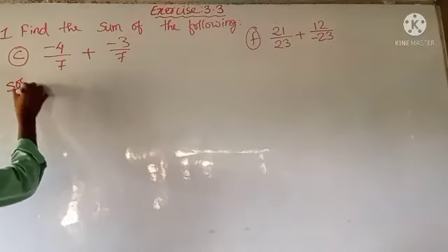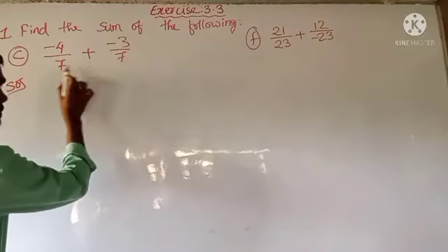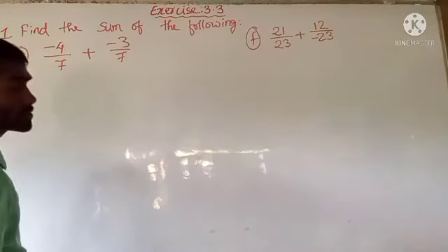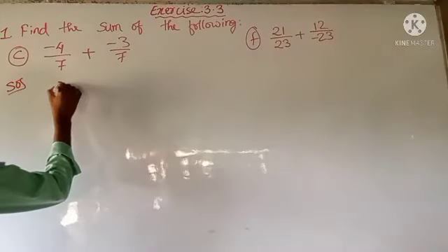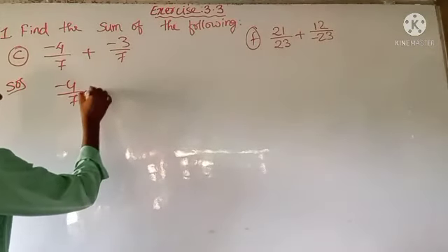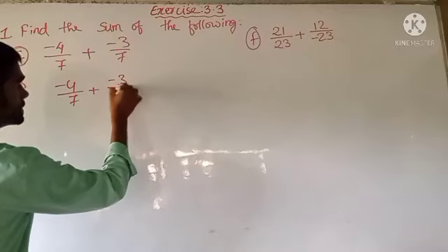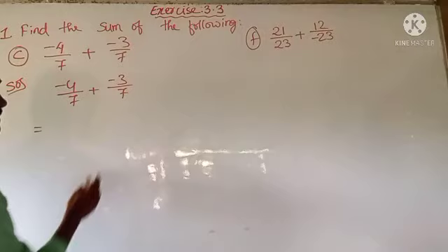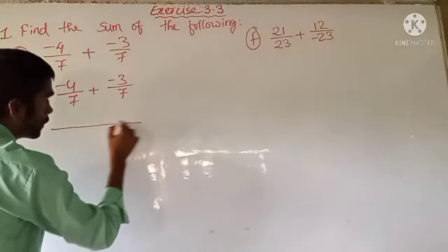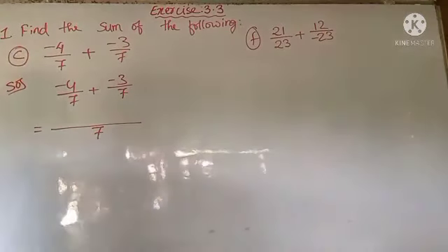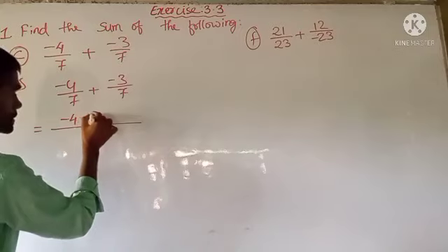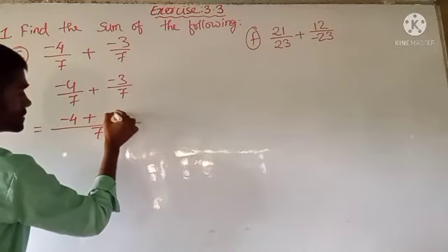Here we can see that the denominators are the same, 7 and 7. Since the denominators are the same, we write one of the denominators and write the numerators as they are, that is minus 4, plus, and minus 3.